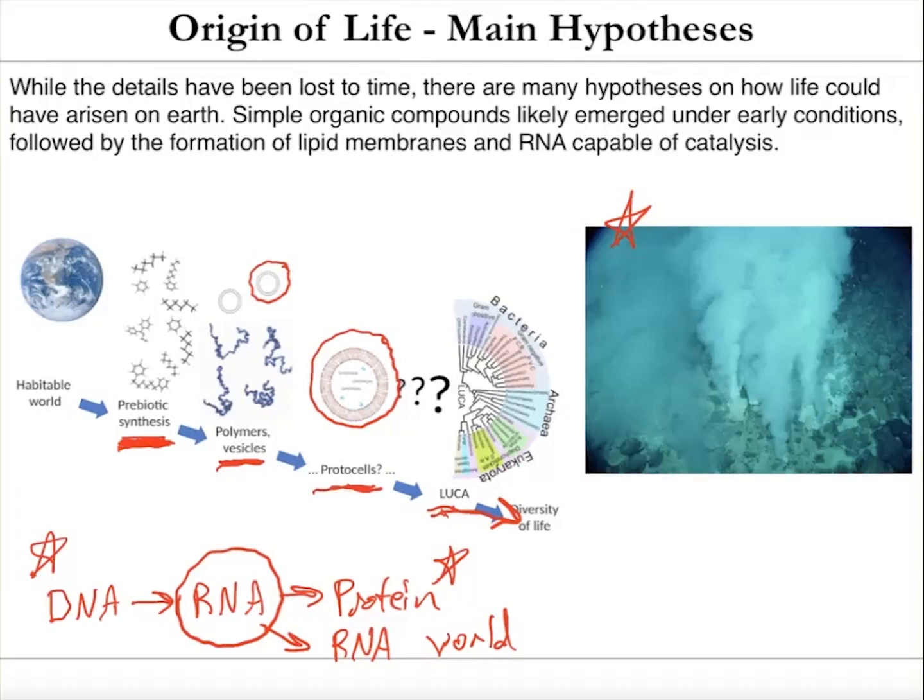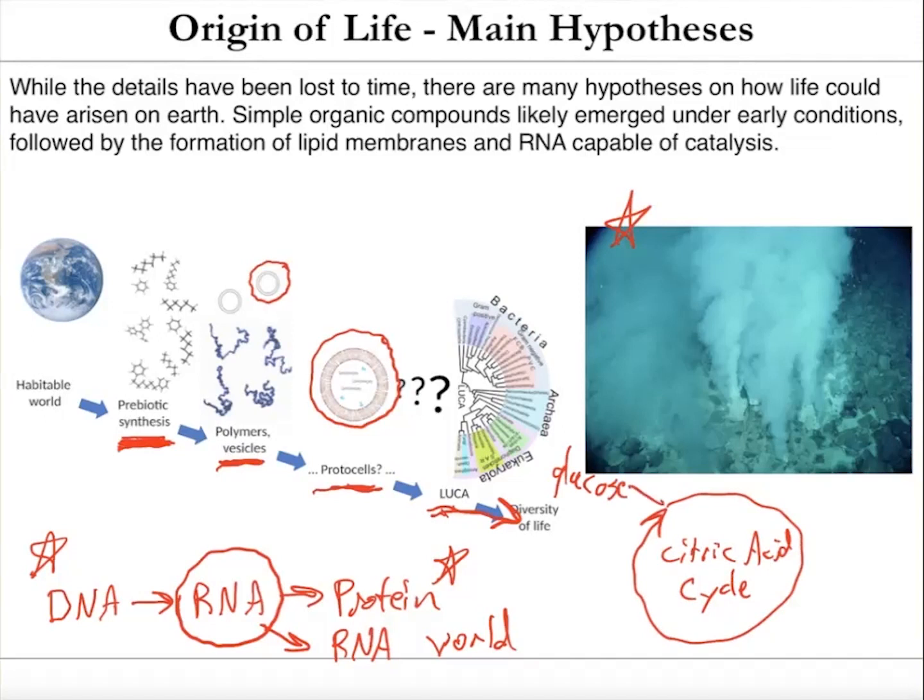The other situation that provides some evidence toward this is things like the citric acid cycle. The citric acid cycle, which we'll talk about later when we talk about nutrition, is a cycle where energy is transformed. So you get glucose in your body. Glucose is transformed to another chemical, which is transformed into another chemical that then enters the citric acid cycle.